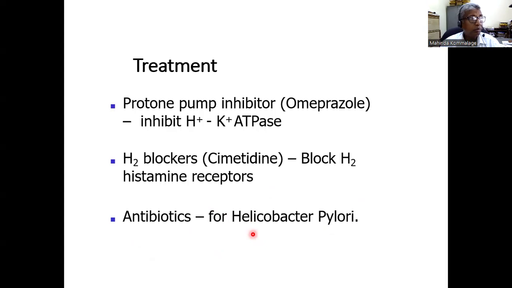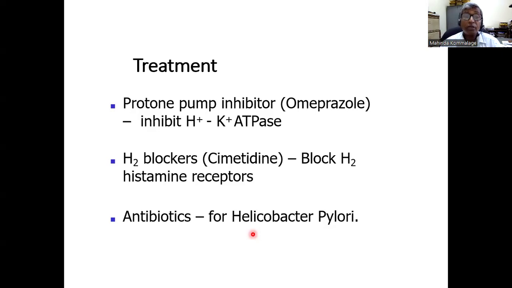Many syrups that we use for gastritis contain antacid that will neutralize the acidity in the mucosa, and some of these syrups contain some sort of anesthetic-like drugs which reduce the pain created by the ulcers, right?